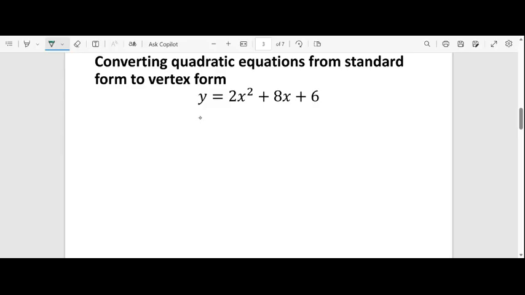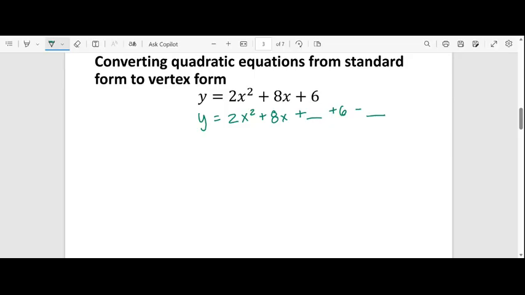So let's go ahead and do the first step by moving that positive 6 over. Okay, now that we have that positive 6 moved over, I'm not actually going to complete the square quite yet. Before I complete the square, I have to remove the coefficient so that I can write a correct polynomial, okay?